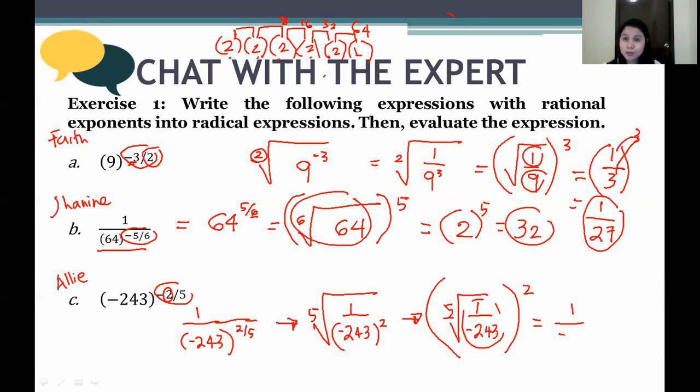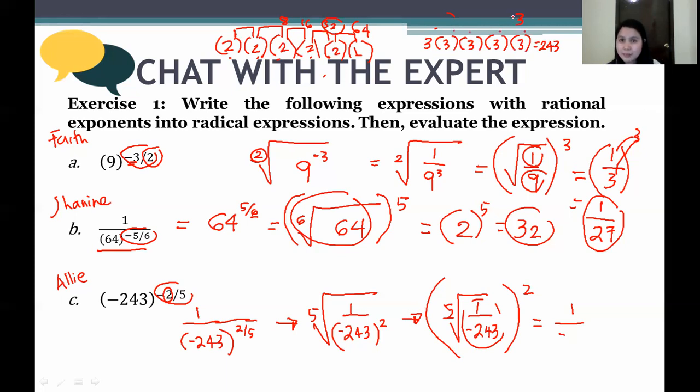Fifth root of 243. We know it's not 2, right? Because 2 to the fifth is 32. Let's try 3. 3 times 3 is 9 times 3, 27 times 3, 81 times 3, 243. 1, 2, 3, 4, 5. Very good.